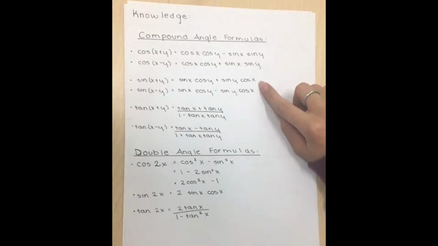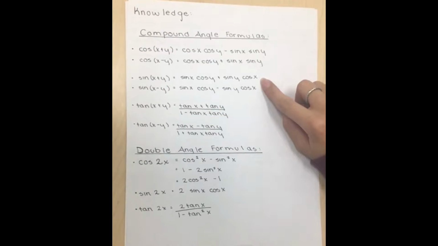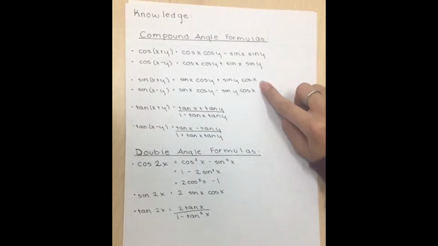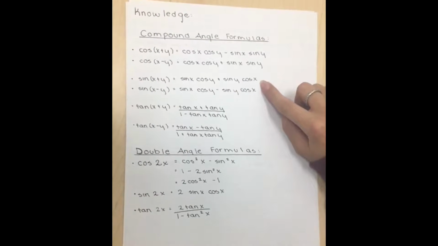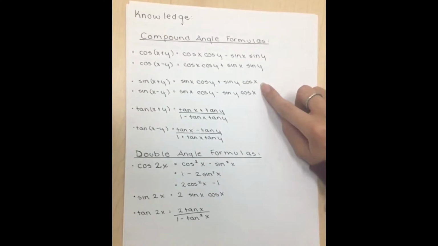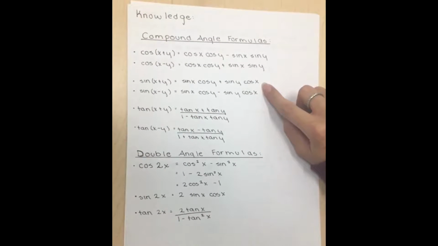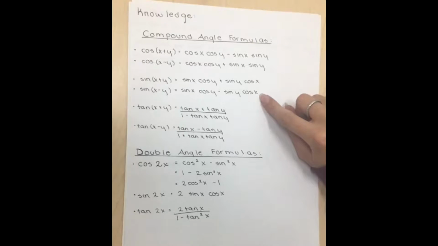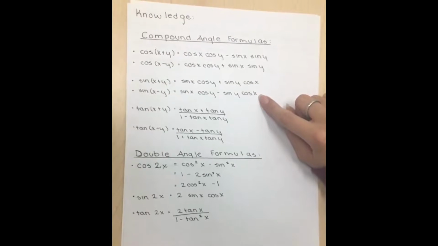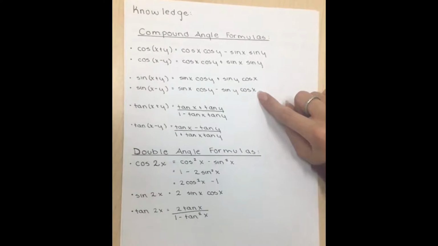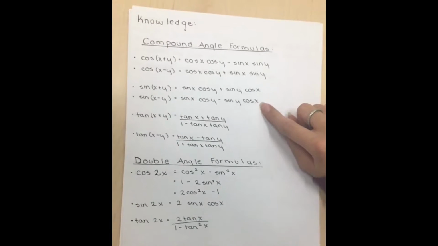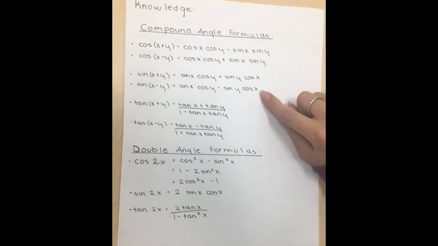The next one is sin x plus y is equal to sin x times cos y plus sin y times cos x. Sin x minus y is equal to sin x times cos y minus sin y times cos x.